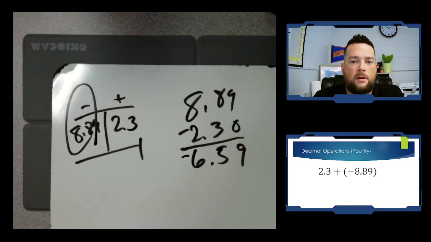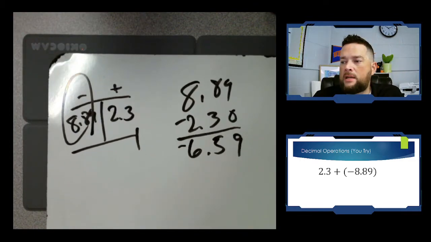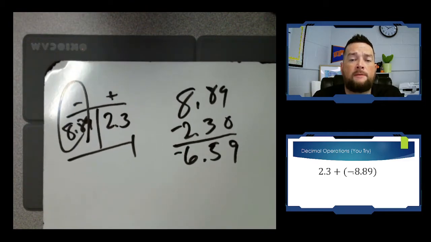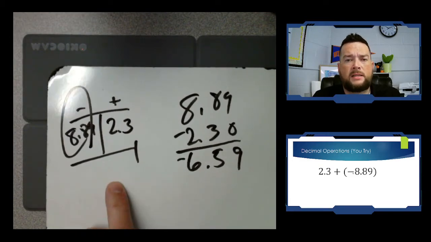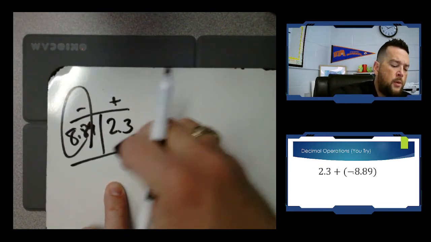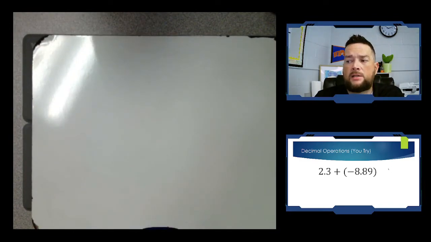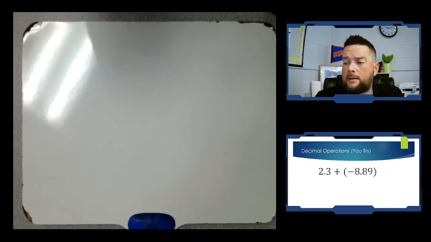So make sure you pay attention to that when you're adding numbers that are positive and negative. They're on different teams, which means you're really subtracting them and then keeping the sign of the larger number. And if you have a habit of forgetting that, then put them on a tug line. That's going to help you start remembering that those numbers are on different teams, and so they get a little bit different treatment.